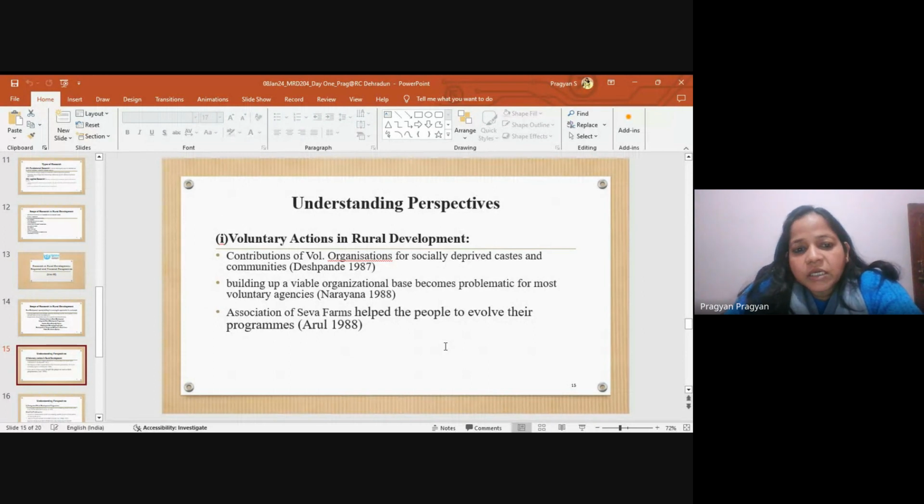That is why they promote building up a viable organizational base for voluntary agencies, but actually it is also not very easy.